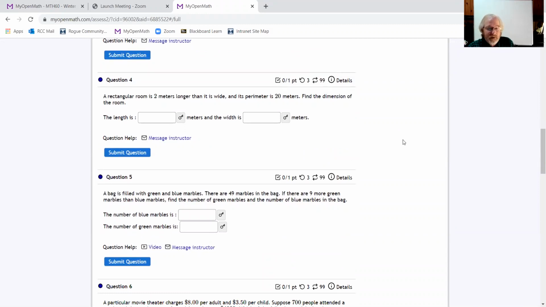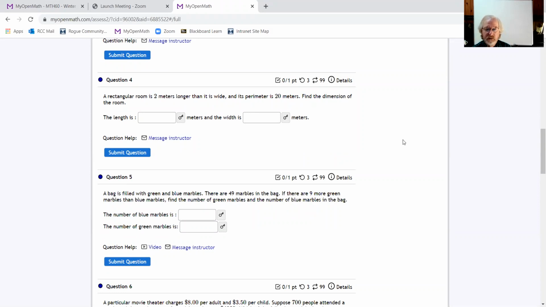Here's another one, all right? That is another perimeter problem. This one, rather than saying the length is a multiple of the width, it's saying it's a certain number added, right? The rectangular room is 2 meters longer. So for our, still our basic perimeter formula, what's the total?